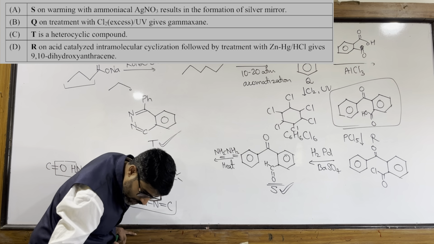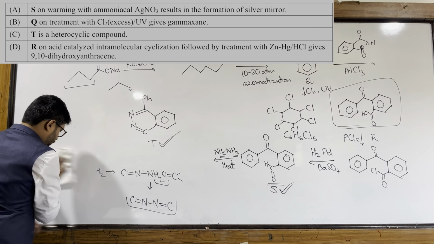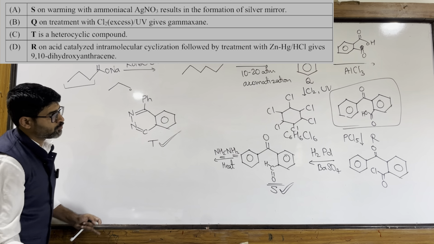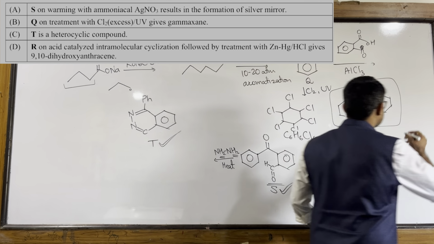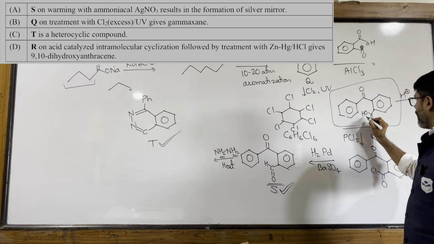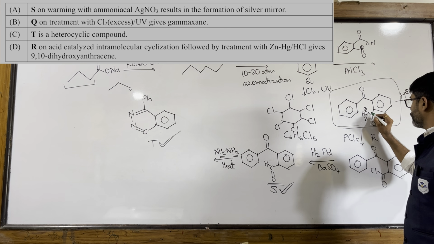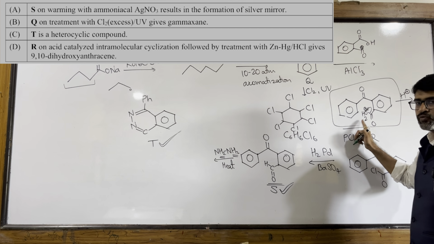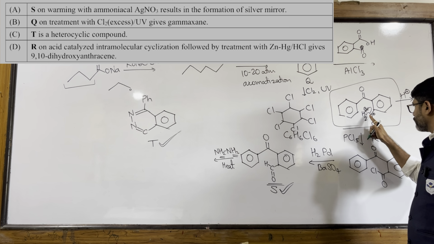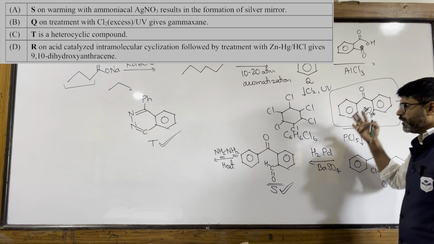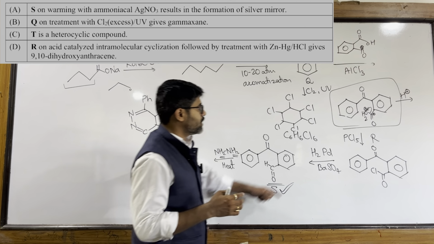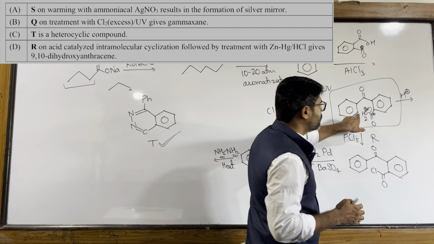In the last option, D, we have to treat this R compound with acid catalyst. So this H plus will add here. So we get a water molecule and it is removed as H2O. H2O is the leaving group here and we get a positive charge. It is a kind of Friedel-Crafts acylation reaction. So this acylation takes place on this carbon.